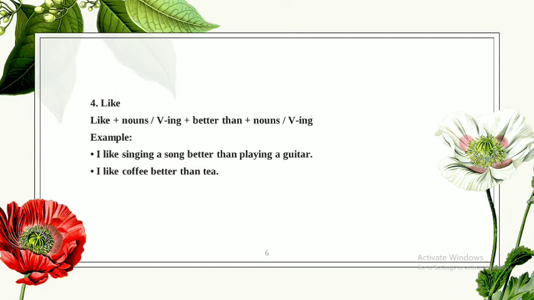Patterns say. The first, like plus noun plus verb-ing plus better than plus noun plus verb-ing. Example, I like singing a song better than playing a guitar. And also, I like coffee better than tea.